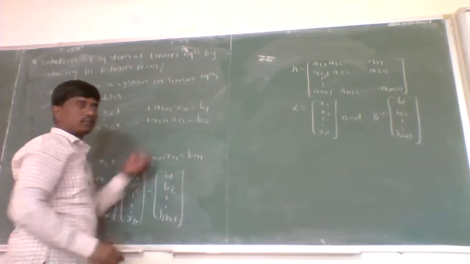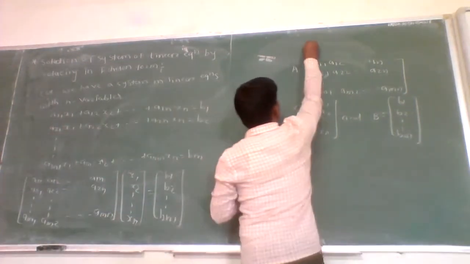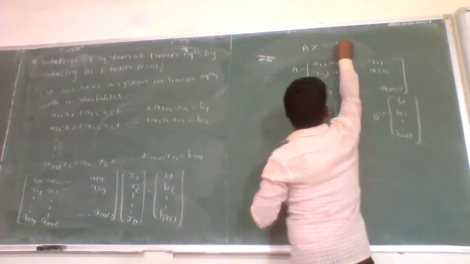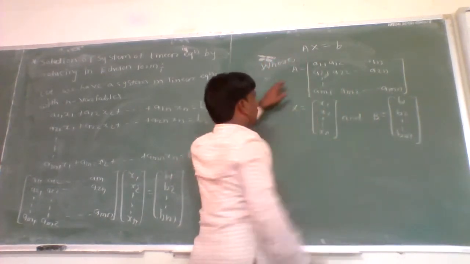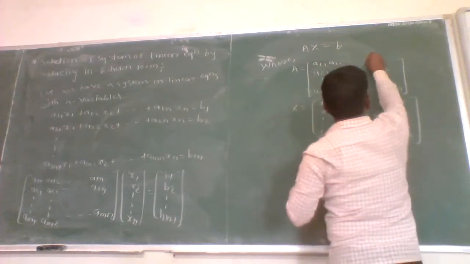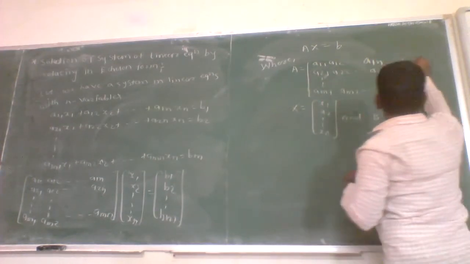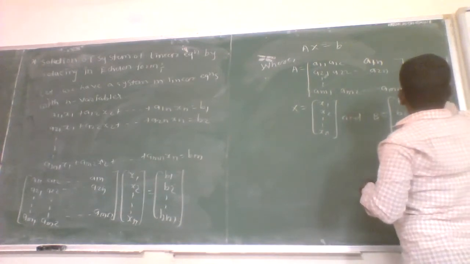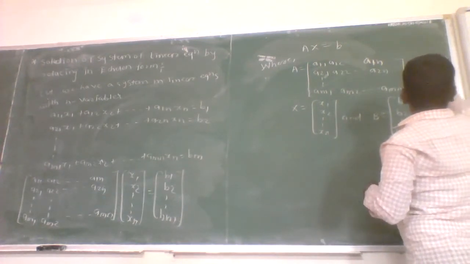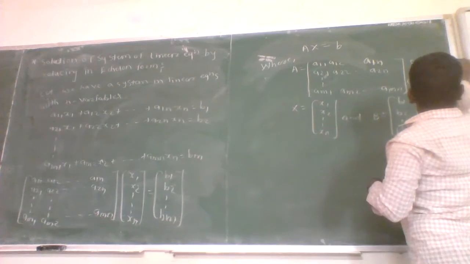That is, it is of the form Ax equal to B, where A is a matrix of order m cross n and is called the coefficient matrix.